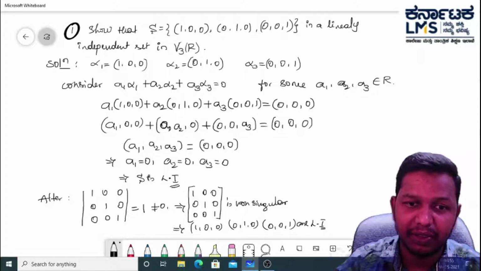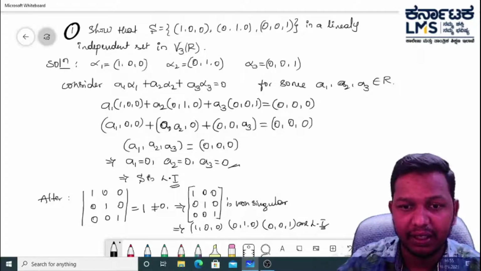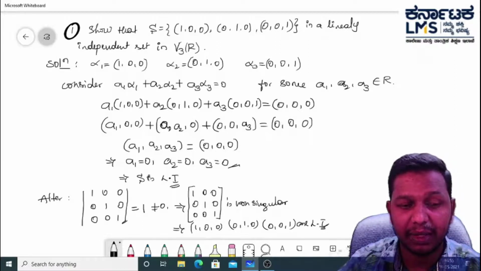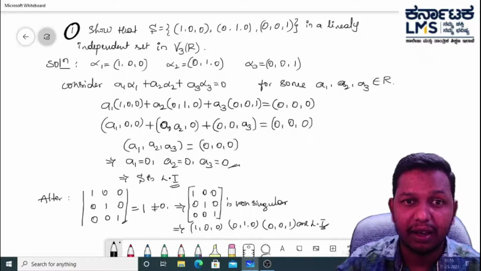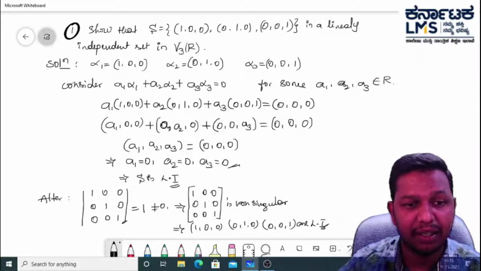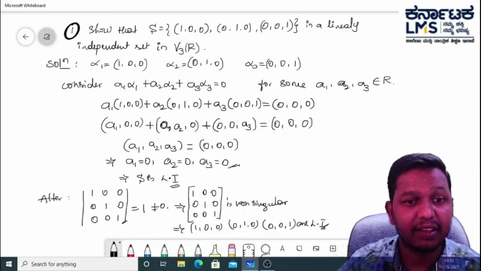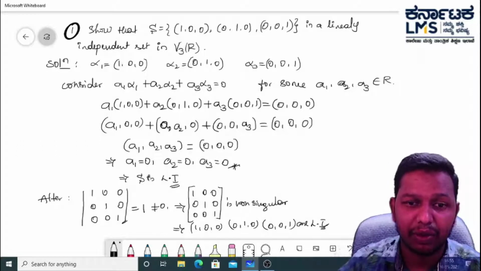So you can use this method or that method. While using the determinant method, the obtained determinant should be a square determinant. That means the matrix should be a square matrix. Otherwise, we follow only the above method.